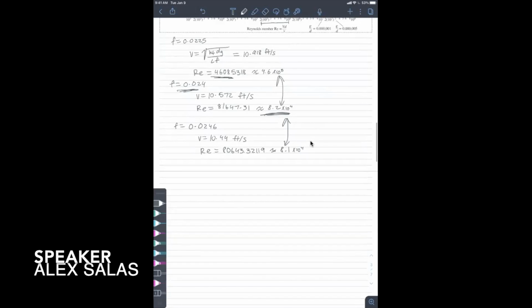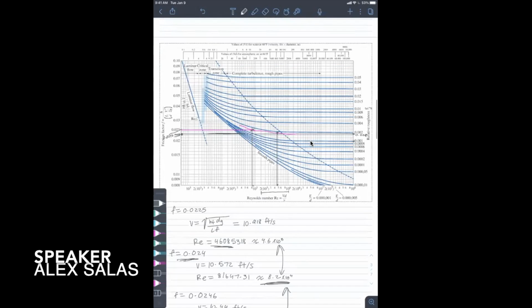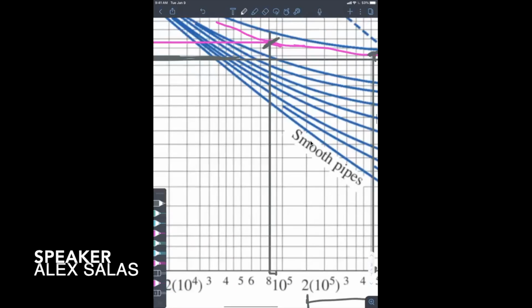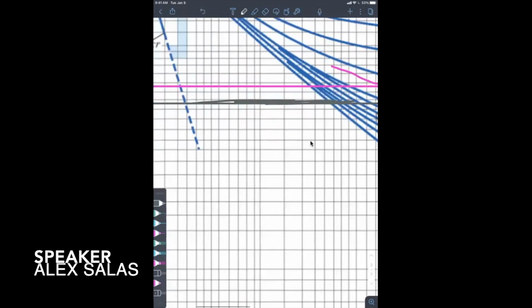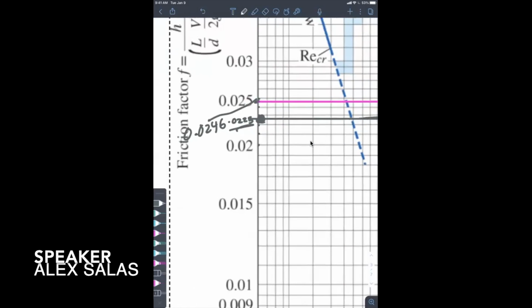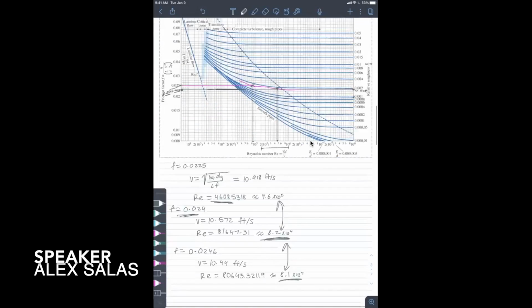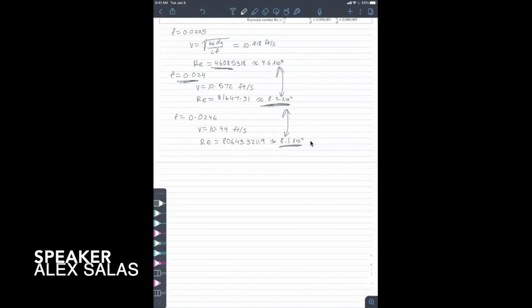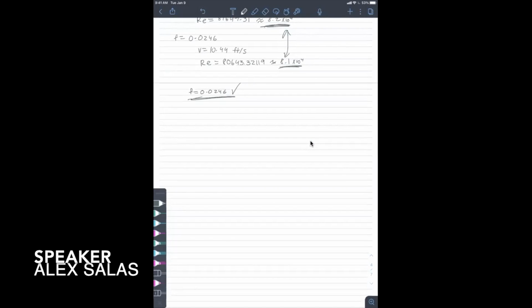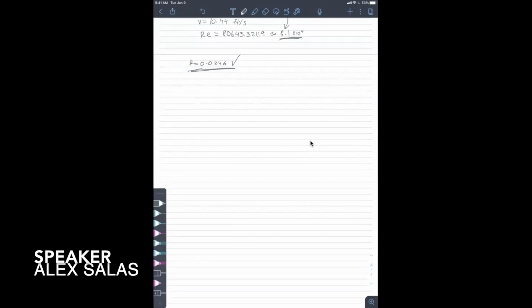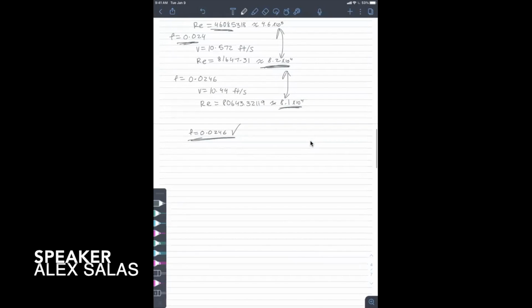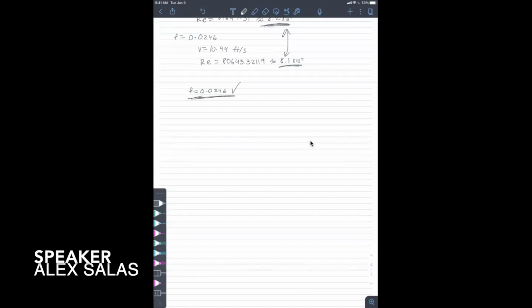If I were to draw a line for this Reynolds number, it would basically be the same one. And so that means that we're going to go with the friction factor that we found, because the two Reynolds numbers are so close. So we're going to say that that friction factor is 0.0246. That's our best guess. Or we can say that it converges, is the proper term.